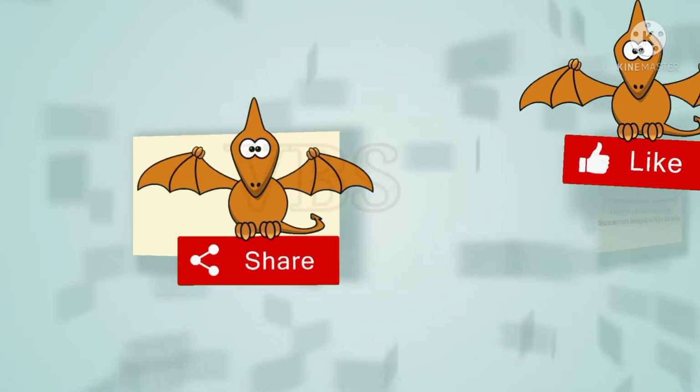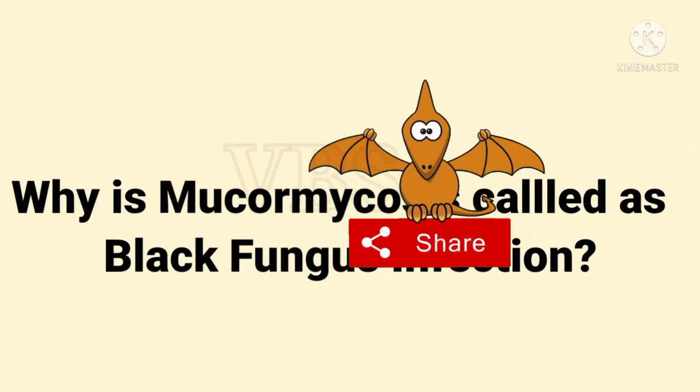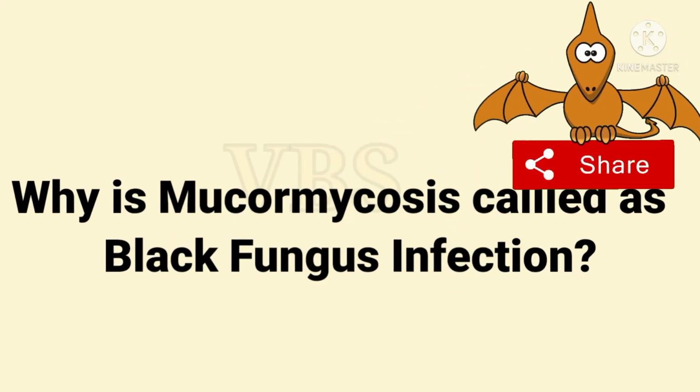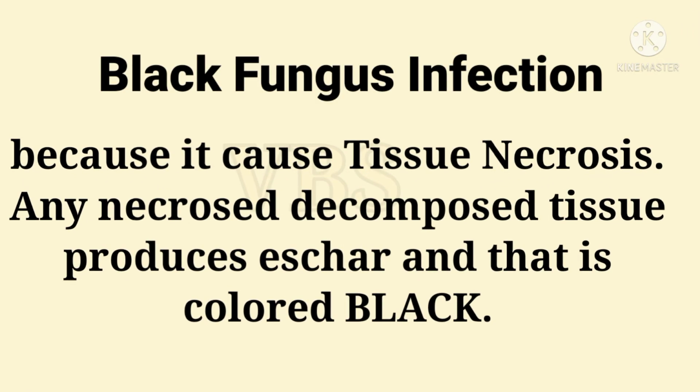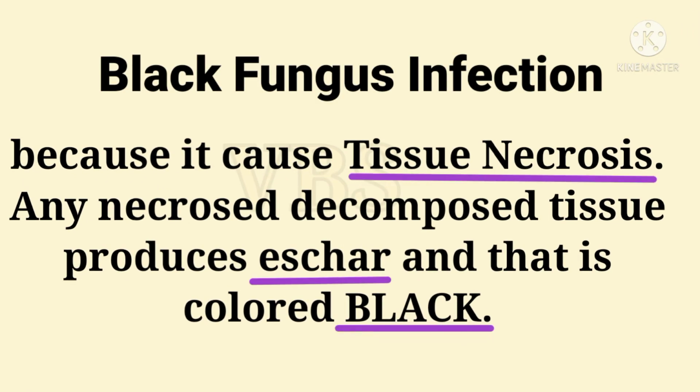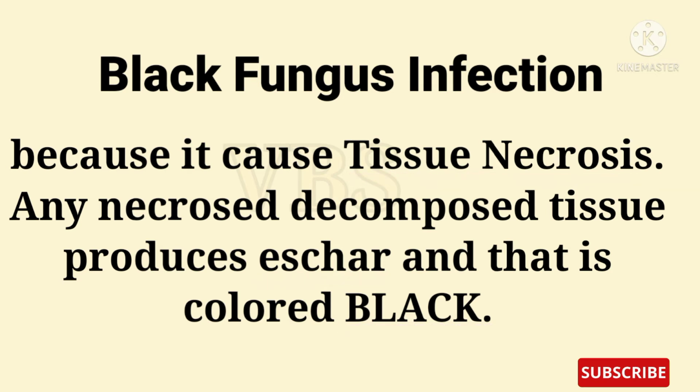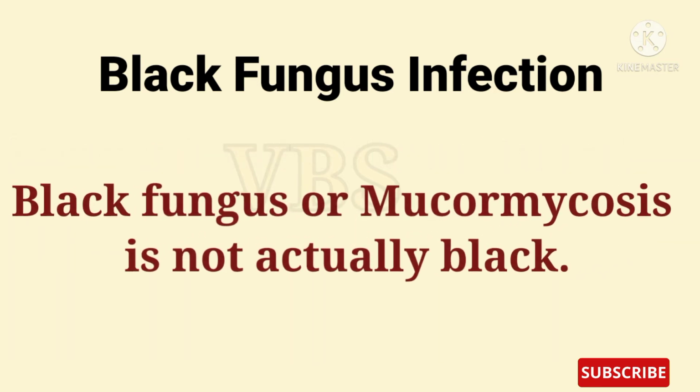Next, we are going to see why mucormycosis is called black fungus infection. It is so called because it causes tissue necrosis. Any necrosed, decomposed tissue produces a scar that is colored black. We must note one important point here: black fungus is not actually black.